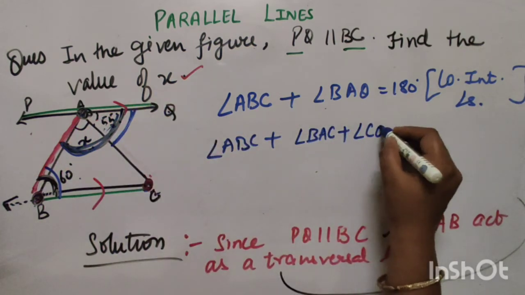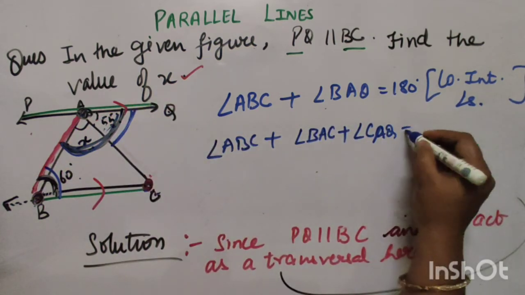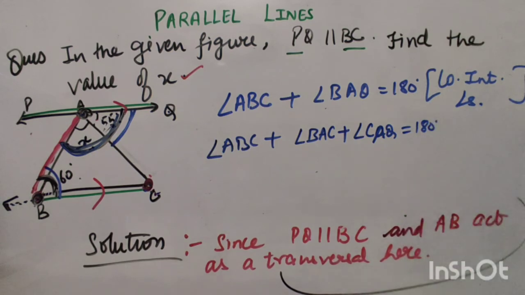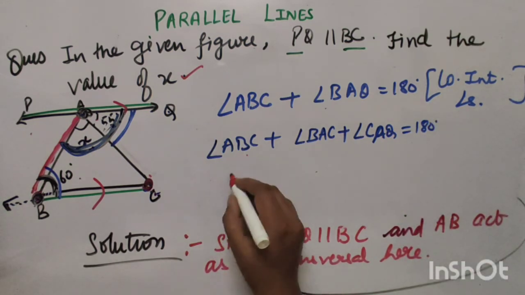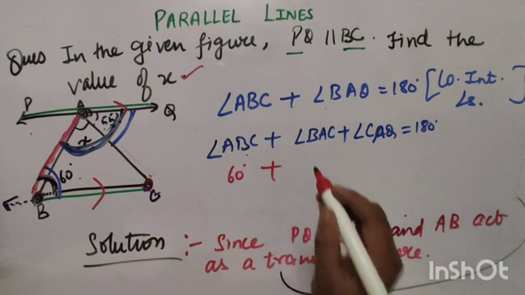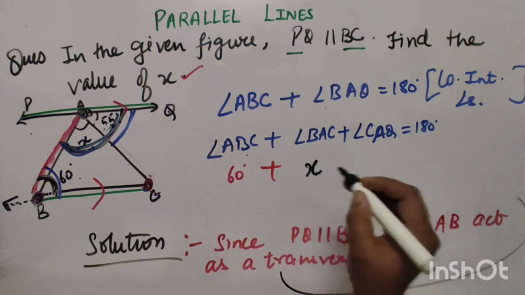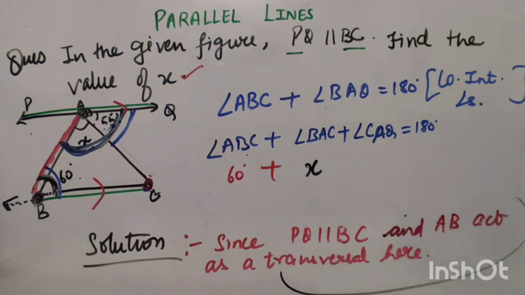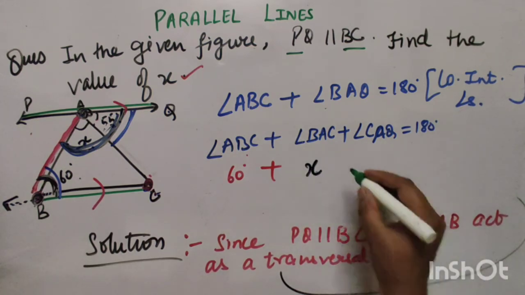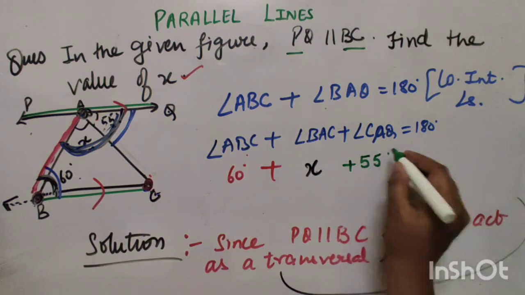Angle CAQ will be equal to 180 degrees. Now we are going to plot the values. ABC is 60 degrees, BAC is x, and our CAQ is 55 degrees.